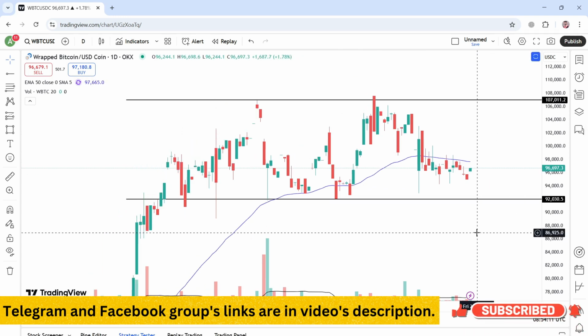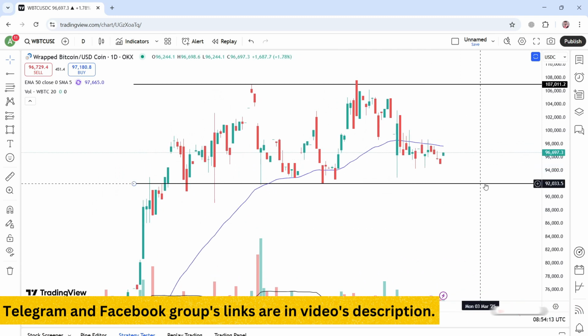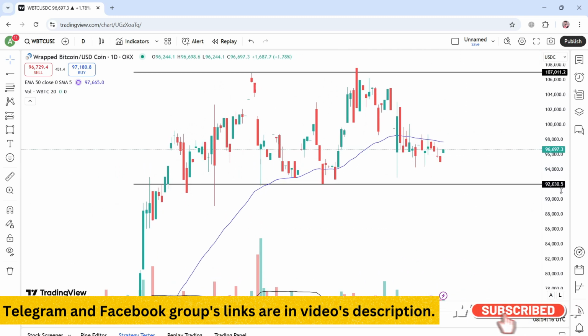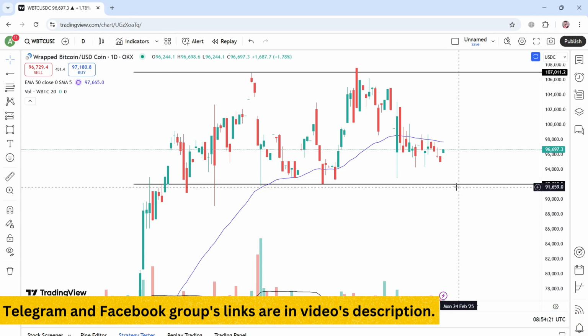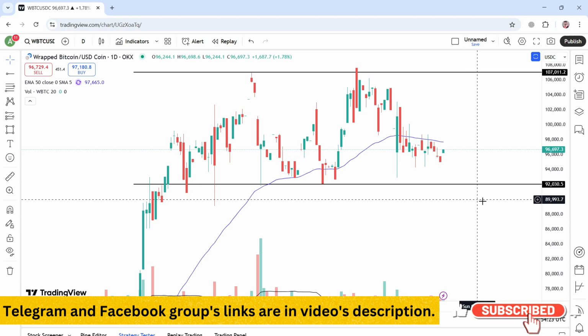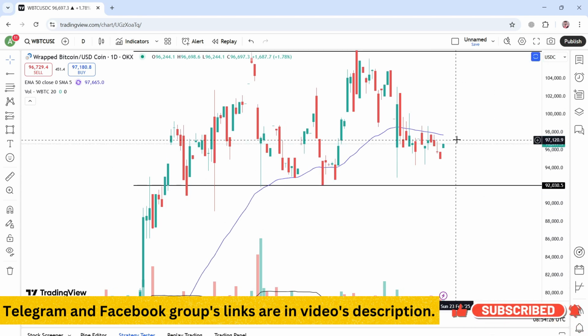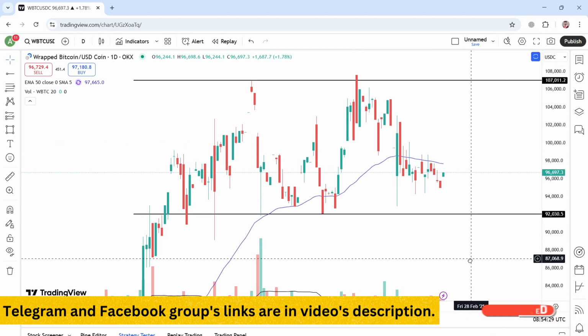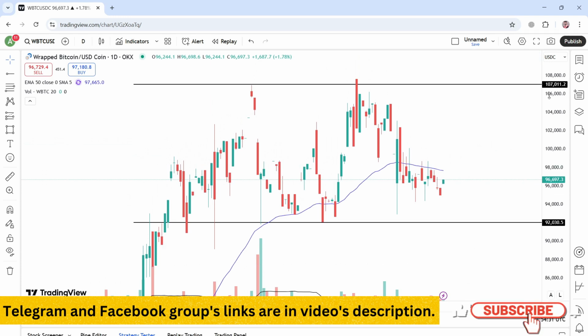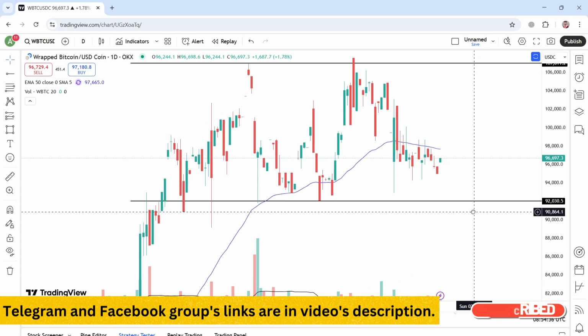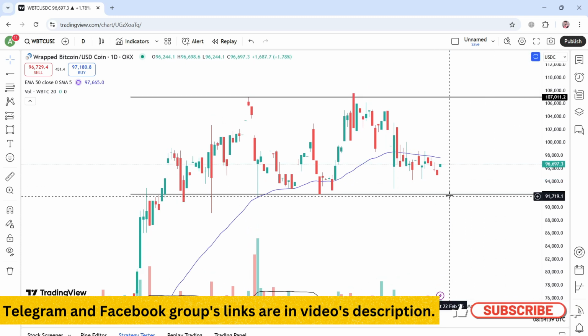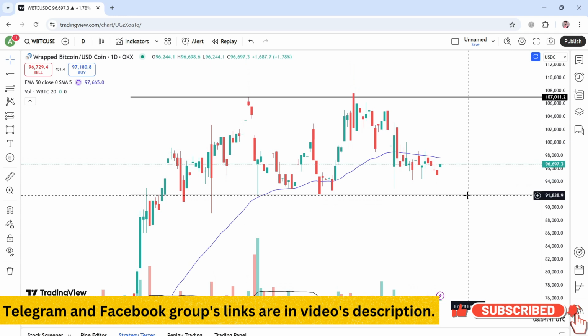If you want to go for buying into this WBTC, then you need to make sure that you get prices at 92,000, and you can go for buying around this level, and you need to put your stop loss below this level. After that your first target will be around 97,000, and your final target will be at 107,011. So the price is just consolidating, so you can go for buying at a support level and selling at the resistance level, but you need to make sure that you put your stop loss below your buying levels.